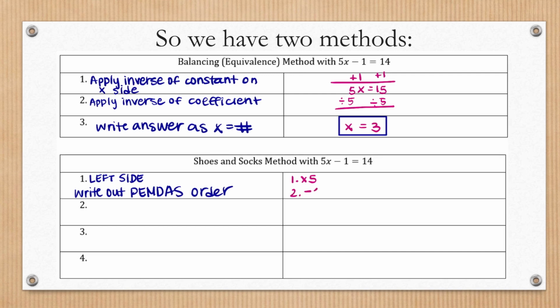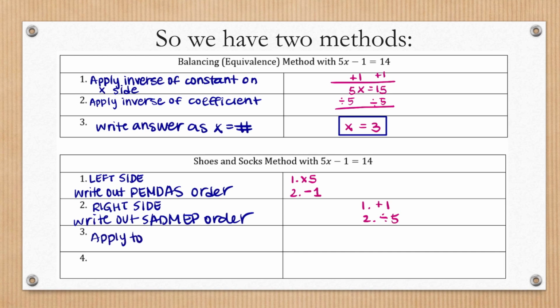I don't have to write out the whole thing. And then I would subtract 1. And then on the right side, I would write out SADMEP order. So then in the SADMEP order, it would be +1 and then divide by 5.